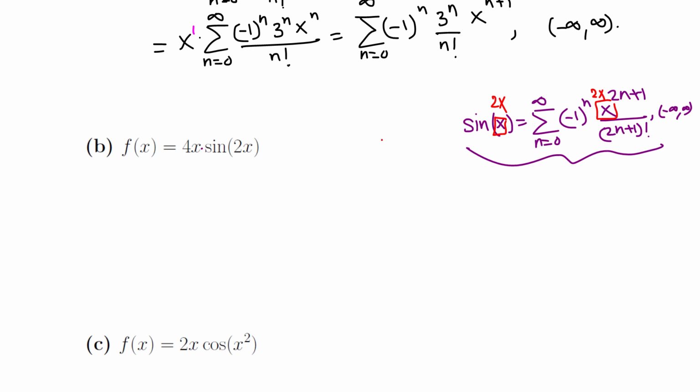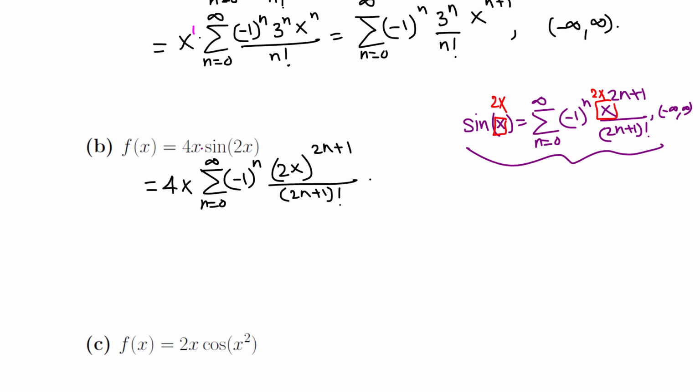Now we will write it for sine 2x, then multiply by 4x. So this is 4x times sine 2x. Right from there, the sum from n equals 0 through infinity of (negative 1)^n (2x)^(2n+1) over (2n+1) factorial, and this converges for all x.